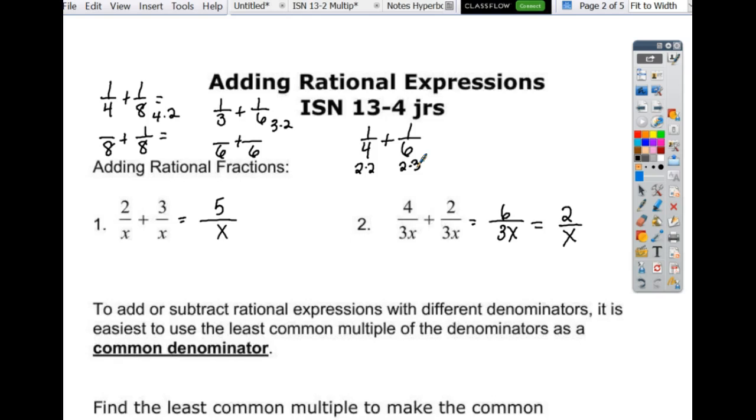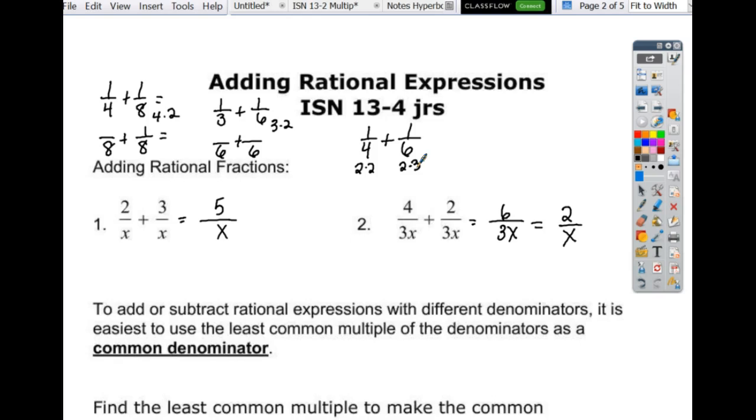So 2 times 2 times 3 is 12. You guessed. You could have said 24 just as easily, but if you did 24, you have to reduce it so you still get a 12. Javon, you got it right.